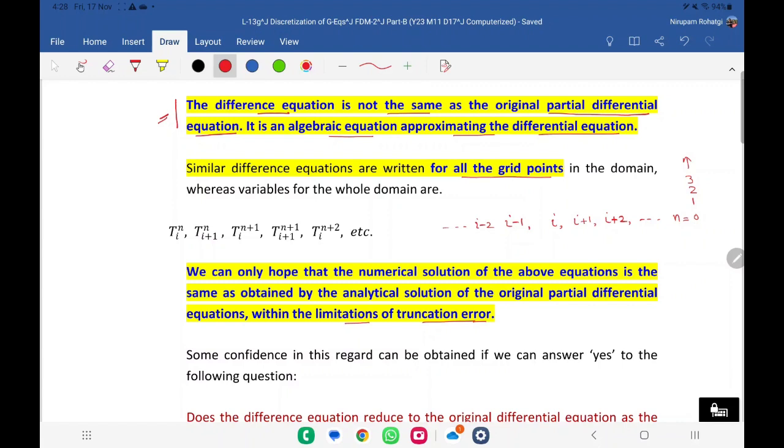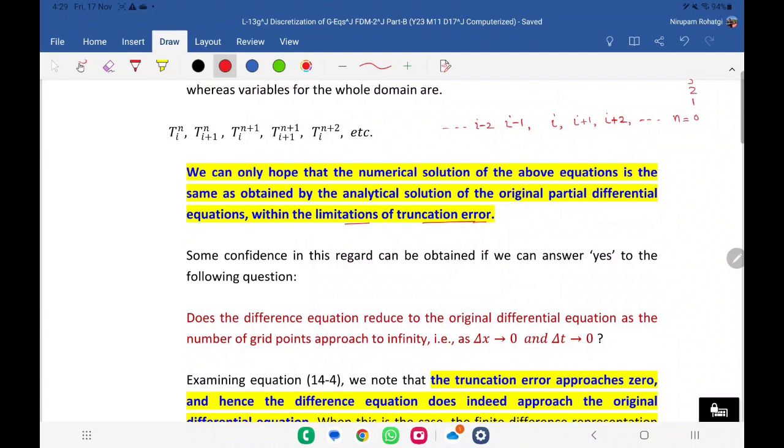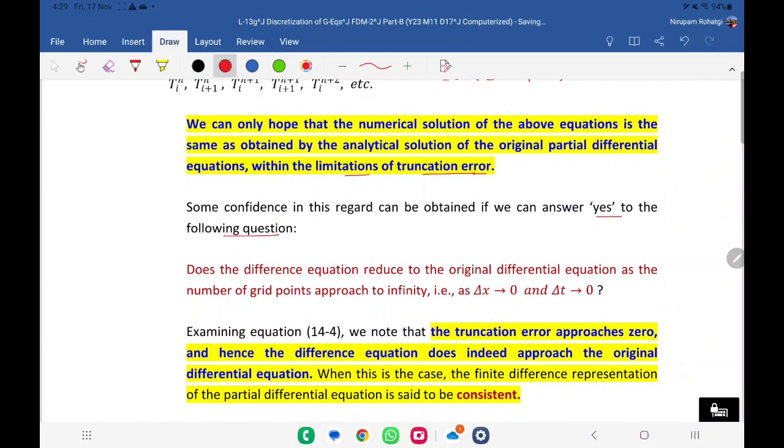It's not sure. So here we talk about how we are sure that our errors are within the limit. Some confidence in this regard can be obtained if we can answer yes to the following question. So there are stages by which you reach that conclusion.